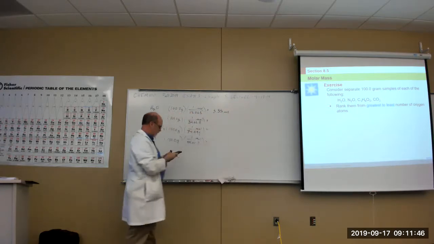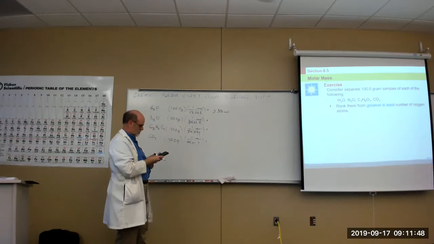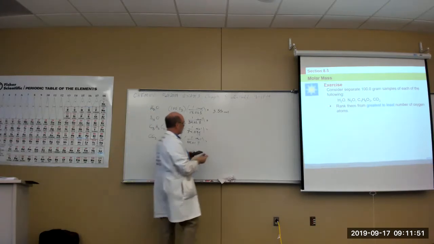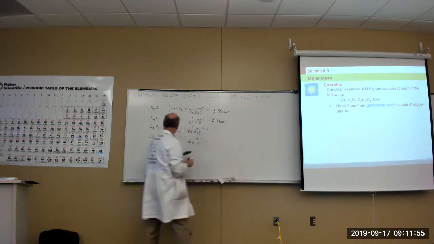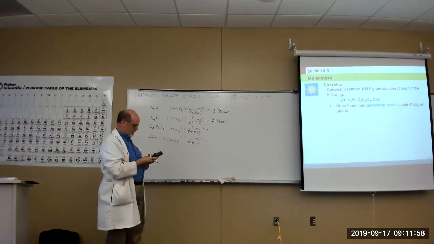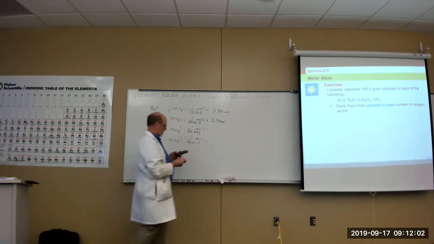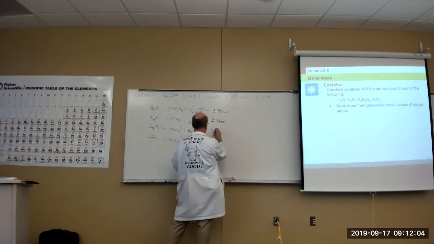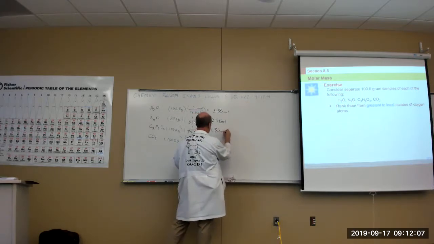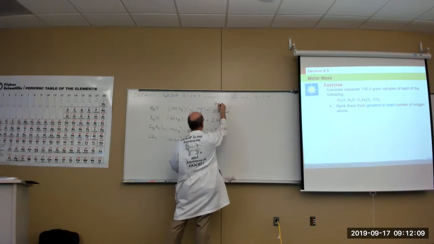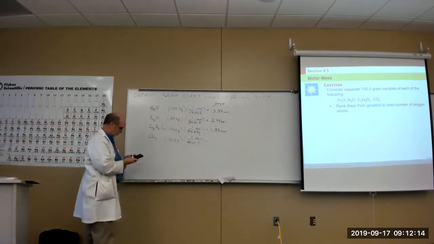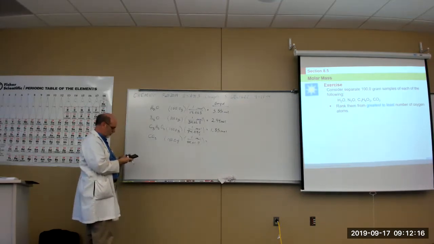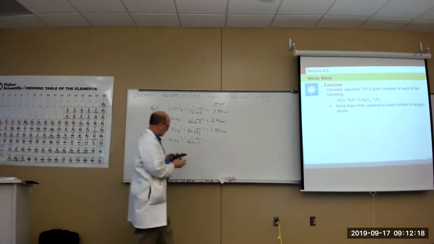And 100 divided by 34.02 is 2.94. 100 divided by 74.09 is 1.35. Now this is moles of each of the compounds. Okay. And 100 divided by 44.01 is 2.27.